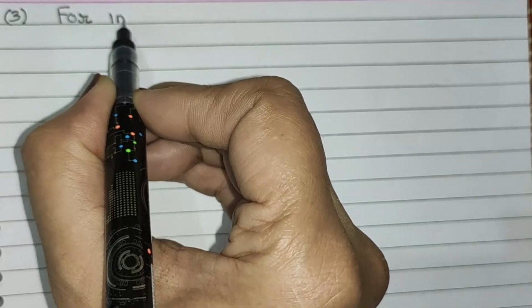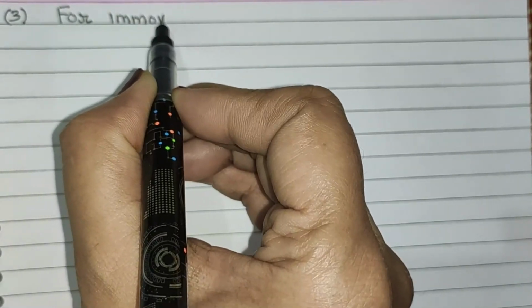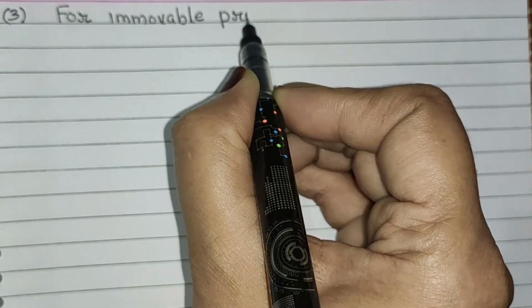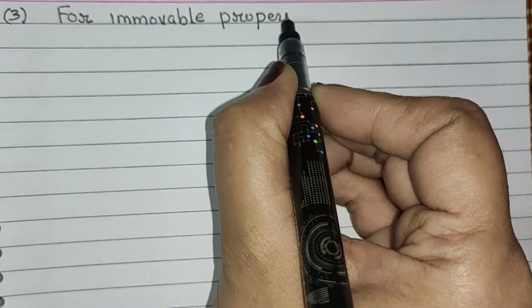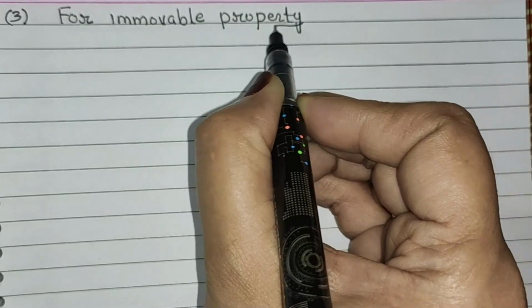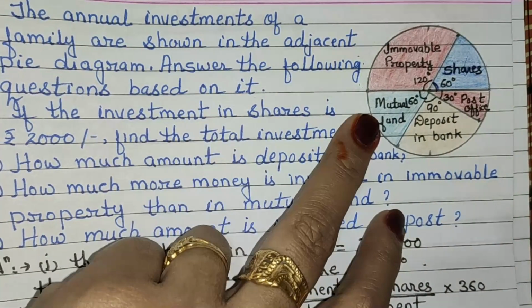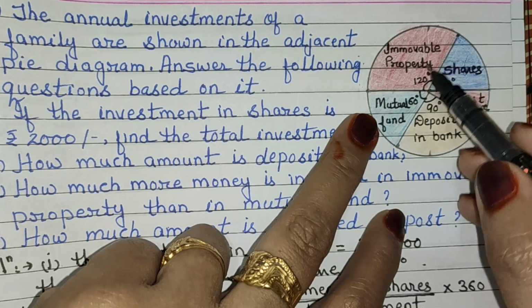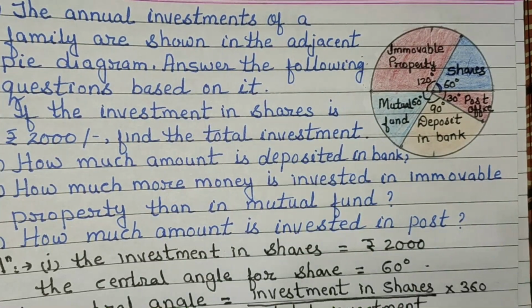Now look at here, answer of the third. First, for immovable property, look at the pie diagram here. The central angle for immovable property is 120 degrees.